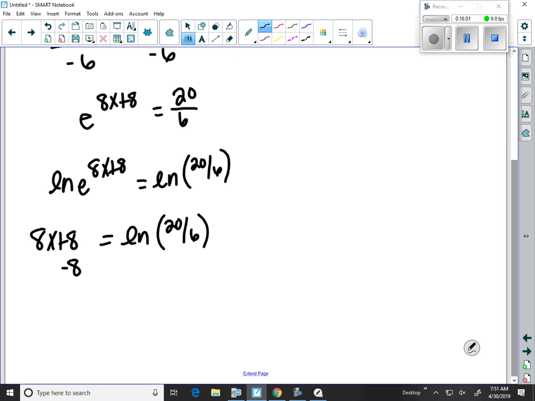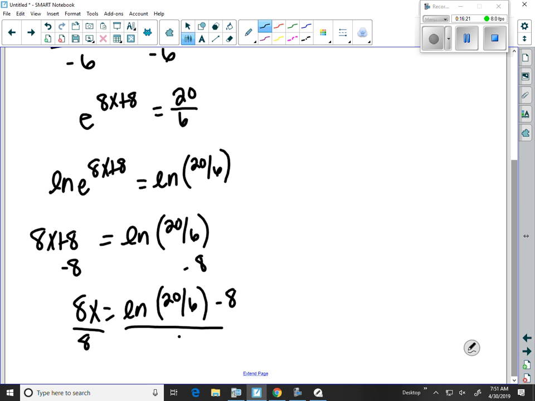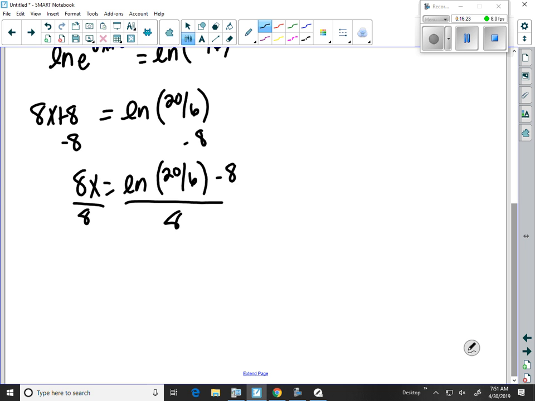All right, subtract 8 from both sides. Okay, super crucial. Make sure when you put this in a calculator, you know it's just the 20 over 6 inside. That minus 8 is outside those parentheses. And then we'll divide by 8.